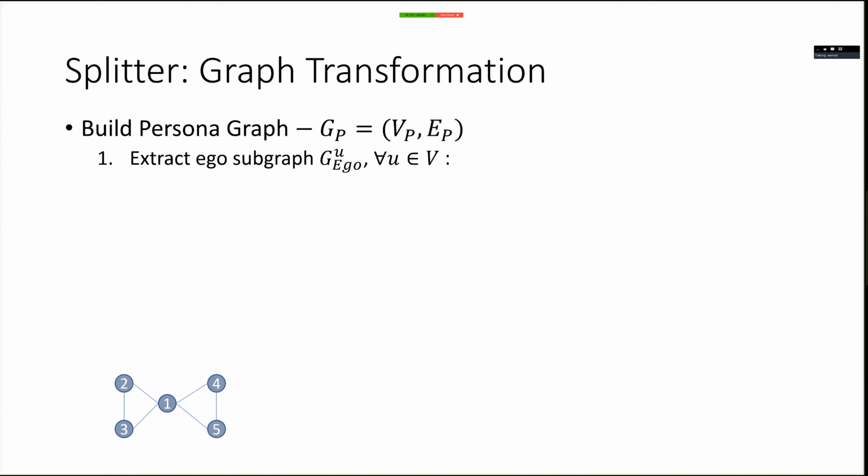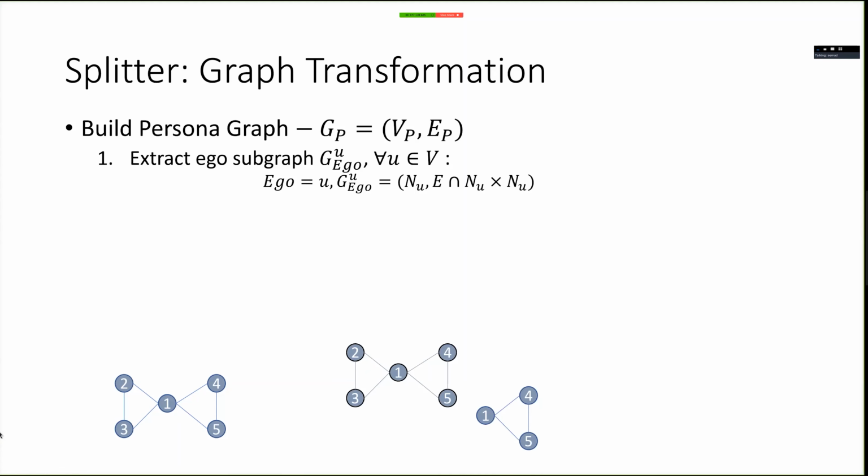So for node 1, you will have this ego subgraph, which happens to be the same as the original graph. Nodes 4 and 5 will have the same ego subgraph because they only have 2 neighbors. And nodes 2 and 3 will have the same ego graph as you see now. So by this step, we now have an ego subgraph, or ego network, for each node in the graph.